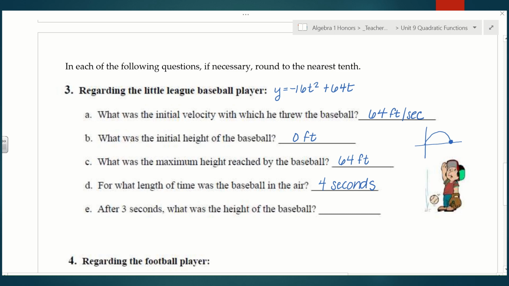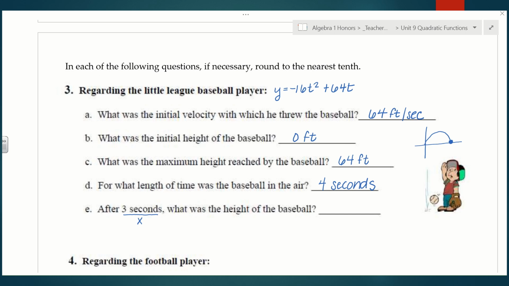Okay, the last part here. After 3 seconds, what was the height of the baseball? Okay, so now remember, seconds is our time, which in this case is our x value or our t value. So one way that we could figure this out by hand is by putting 3 in anywhere we see a t in our equation. But since we're using our calculator for these, let's continue to do so.